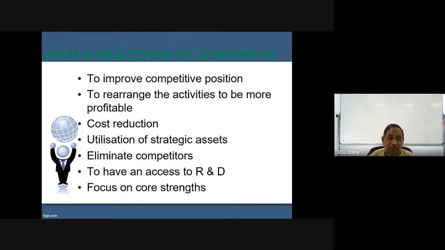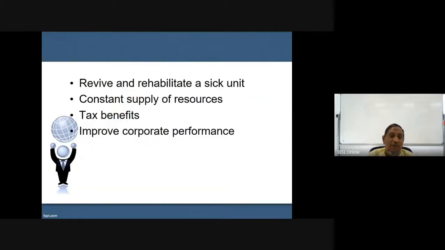Then to have access to research and development. When restructuring, research and development is one of the key areas to see improvement of the business. Then focus on core strengths, competition and restructuring needed. Revive and rehabilitate security, and constant supply of resources are some of the benefits and objectives.